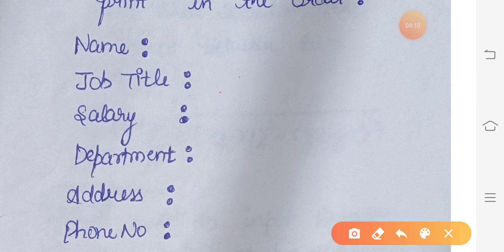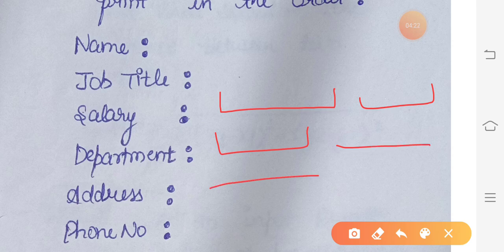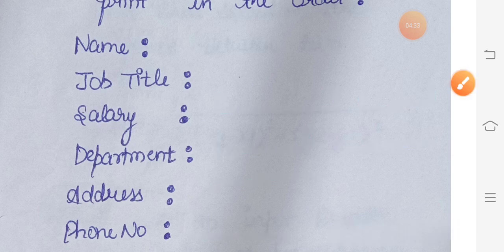Like your colony name suppose, then street name, street number, sorry, then lane number you can write, and after that house number also you can write, apartment you can write. That means a proper address you will mention it. Okay. Next is what? Phone number. Now phone number, whatever you will display, you can take any random digits, and the phone number should be of 10 digits or 12 digits. Clear?